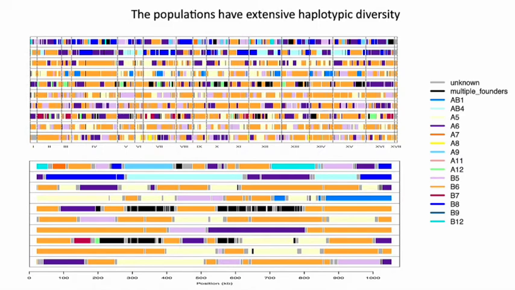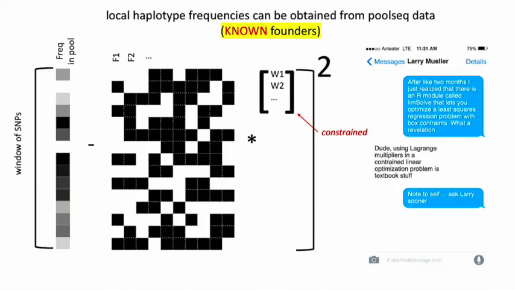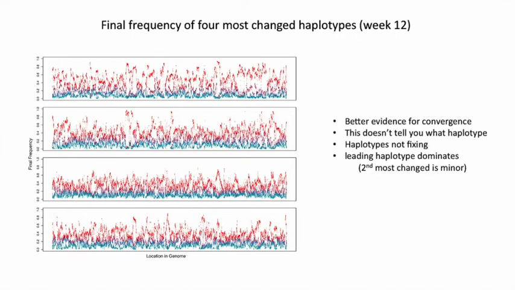Because the final frequency of the blue is 1, the orange is 1, the pink is 1, this is 1. So that's what I'm doing. That plot's a little weird, because it doesn't tell you what haplotypes changed. I'm only showing you the most common haplotype.